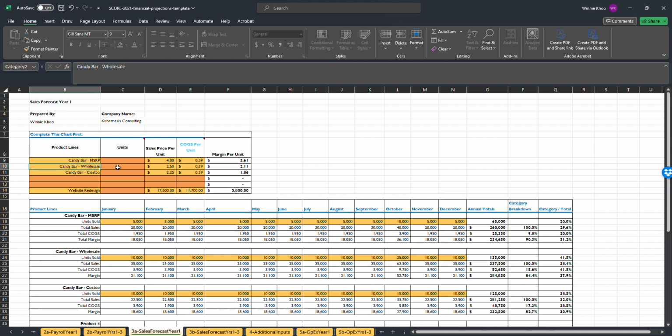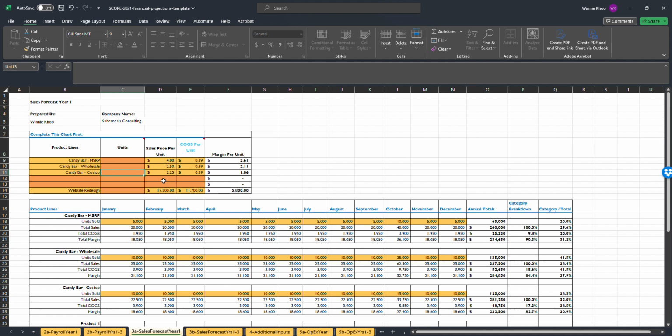You'll also have a wholesale price here, and that goes to most retailers. Now certain retailers like Costco will have their own specialty pricing. And when we look at the different sales channels, we can see that there's a different price.